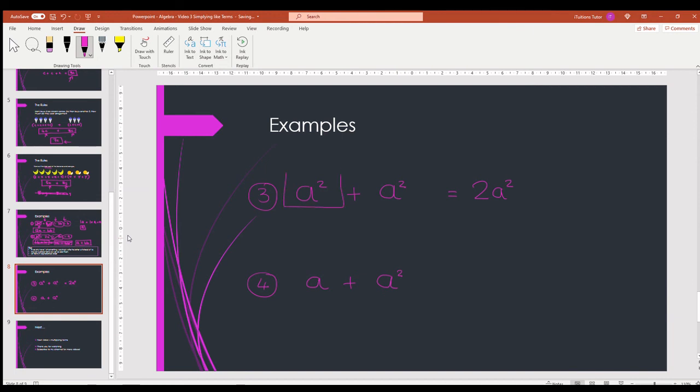This makes it the like terms because we've got the same variables and we've got the same powers. But in the next example, we've got a plus a squared. These two are not like terms because they are not raised to the same power. Therefore, this is already in its simplest form and you cannot do anything more to it.